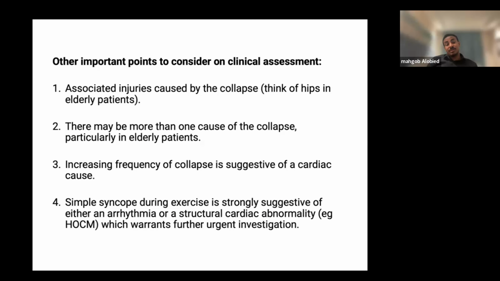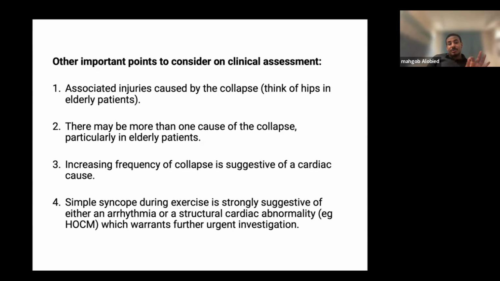Don't forget this because it's very important, and it could be a major mistake if you couldn't reach a diagnosis of syncope-related injuries. Also, as I said, look for more than one cause for the syncope episode, especially in elderly.